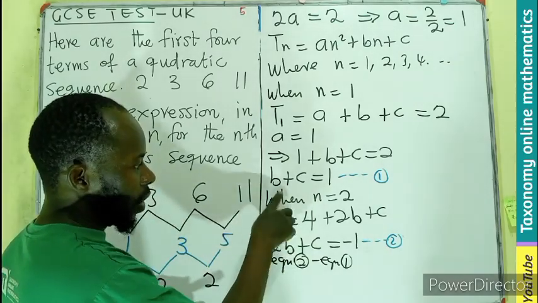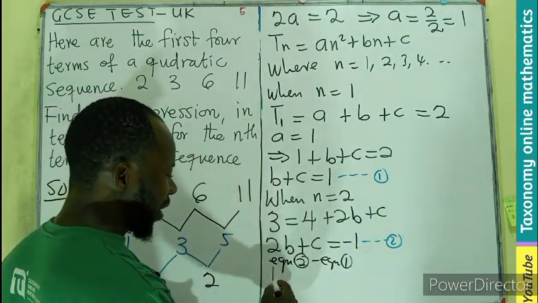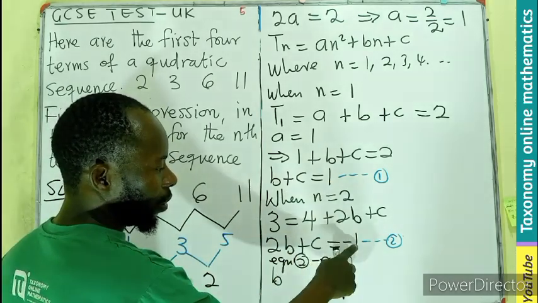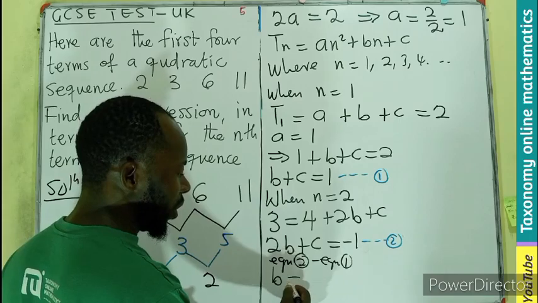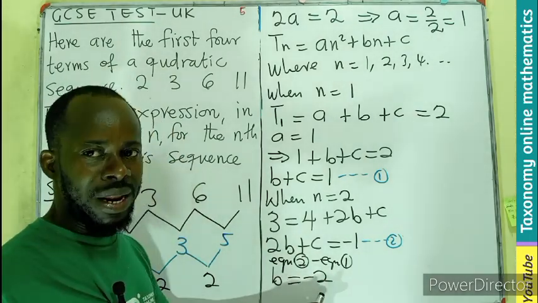The corresponding terms 2b minus b give us only b. c minus c is 0. So minus 1 minus 1 equals minus 2, meaning the value of b is minus 2.